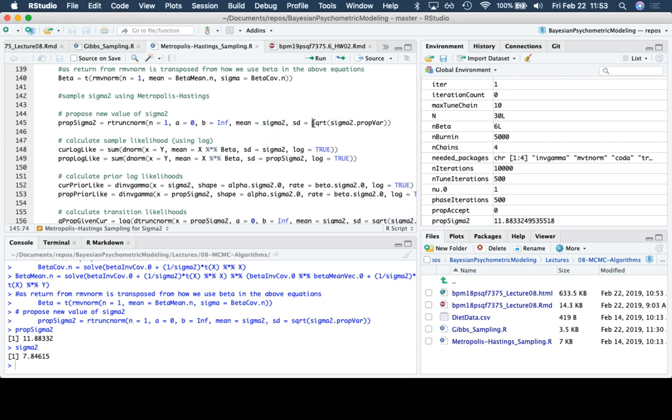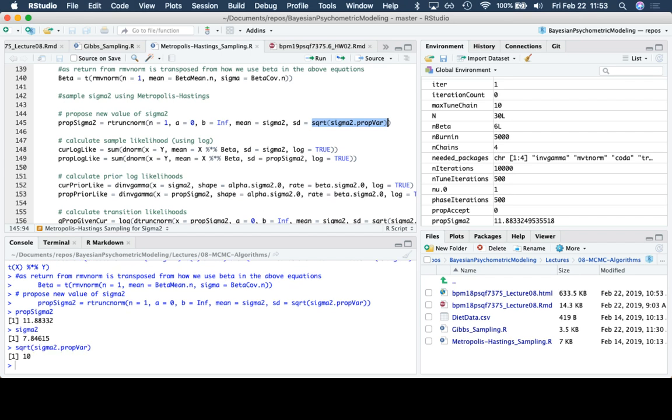The variance is my proposal variance. Remember, it was 100 to start. The standard deviation is 10, the square root of it. And it's truncated at 0, so the lower bound is 0, the upper bound is positive infinity. So it's half of the normal, effectively. When we're really close to 0, this will be really not symmetric, and those Q ratios won't cancel. If it's a symmetric distribution, Q cancels.